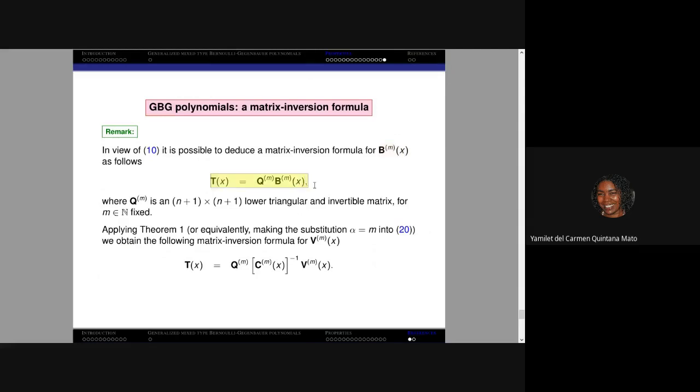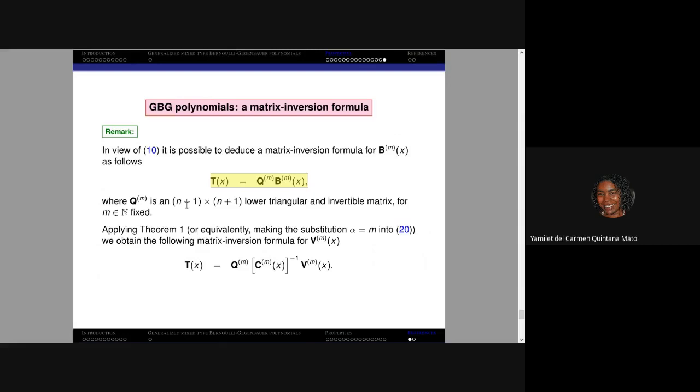In this case, the identity takes this form, where Qm is an n plus 1 lower triangular non-singular matrix for the order n and natural number m fixed.